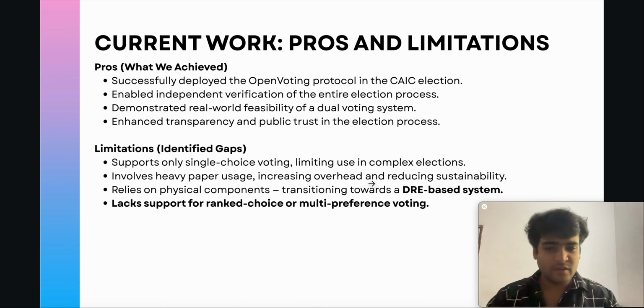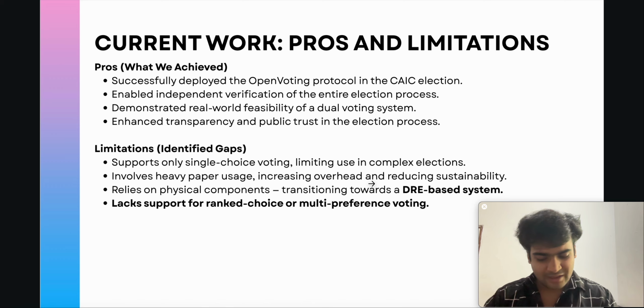And in the CAC election, three elections were actually done in three phases. For two phases in which only one candidate has to be elected, in those elections our system got used, and in another election phase in which multiple candidates had to be chosen for a single post, for that our system didn't work.